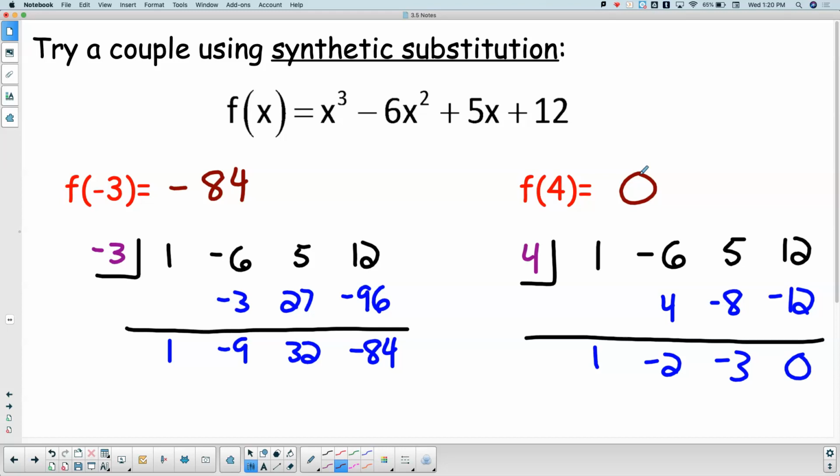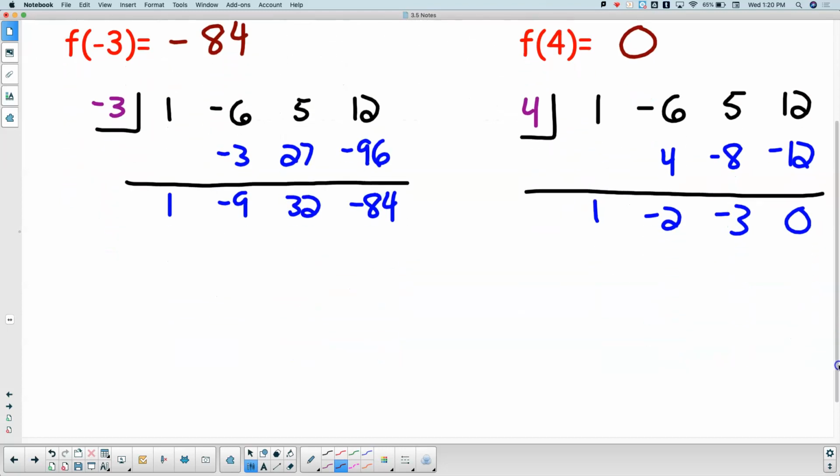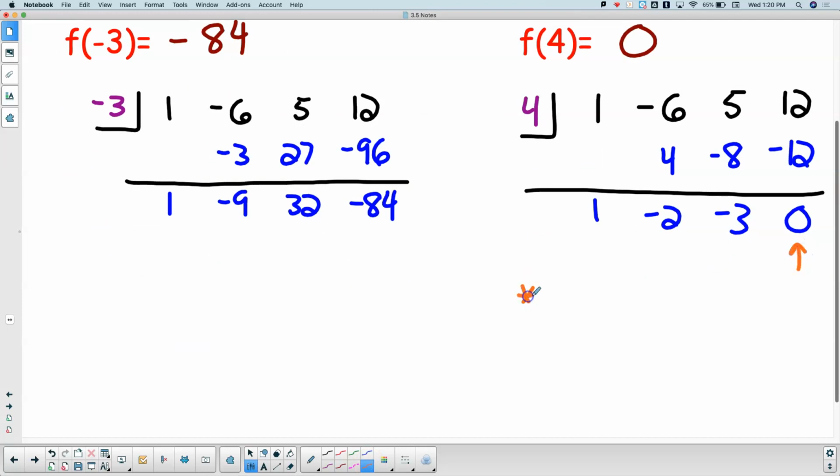Okay. So that means a couple of things. When you get a result there of 0, that means a lot of different things. So first off, that means that 4 is a 0, because when you plug it into the function, you get out 0.